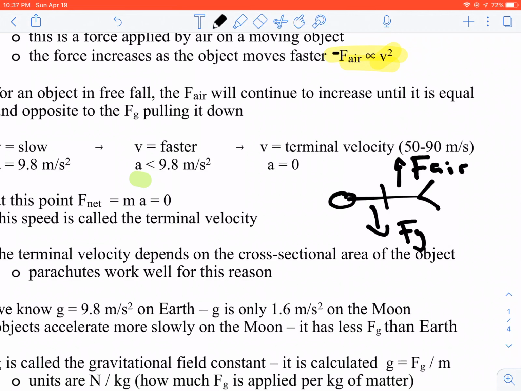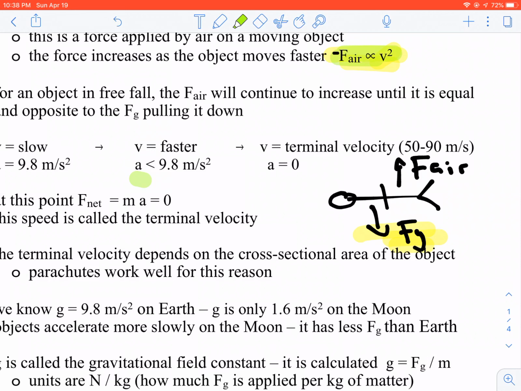Okay, and those two forces are going to act. Now, the whole time that person is falling, Fg is unchanged. So that means as soon as you jump out of the plane, the F air is close to zero, and the only force acting on you is Fg. But as your speed goes up, your air resistance climbs, and as your air resistance climbs, it's going to push you back harder and harder.